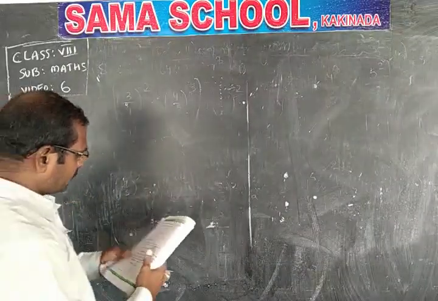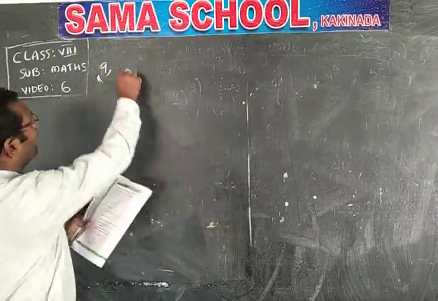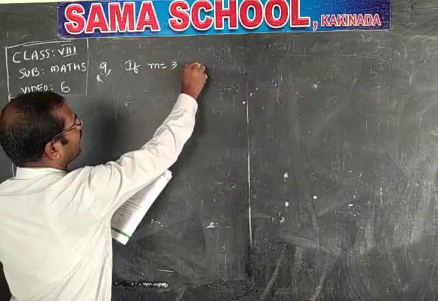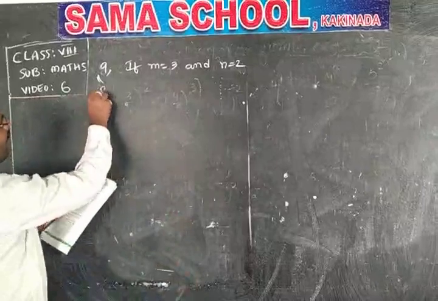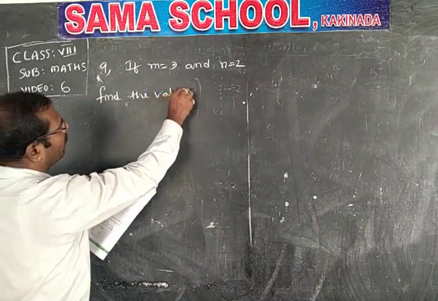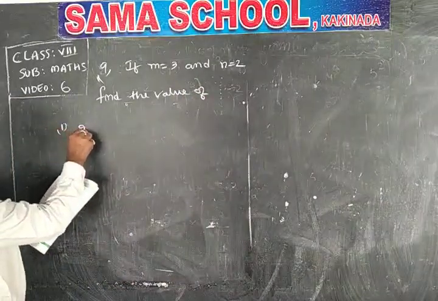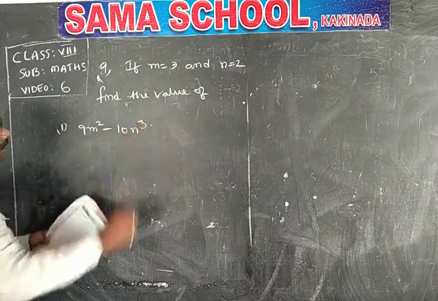Now it is a different model. Here if m is equal to 3 and n is equal to 2, find the value of the following. First sum: 9m square minus 10n cube.